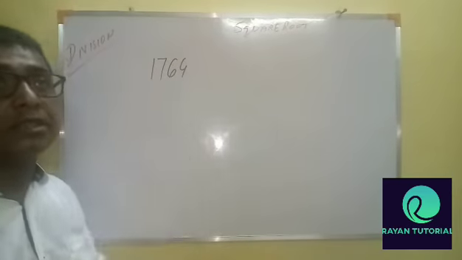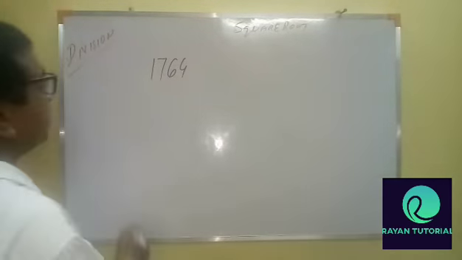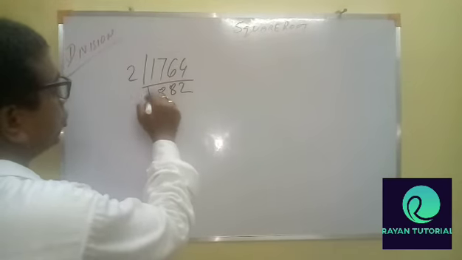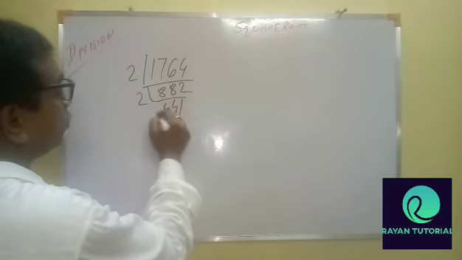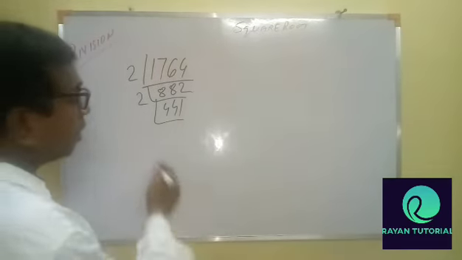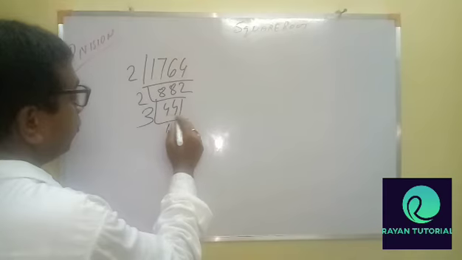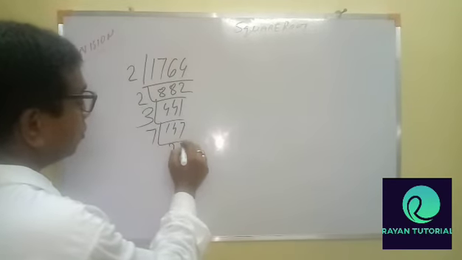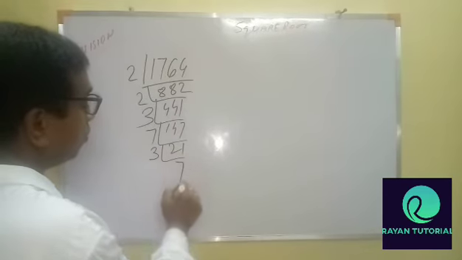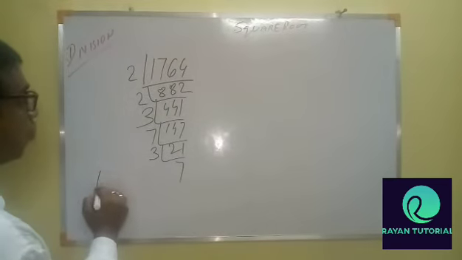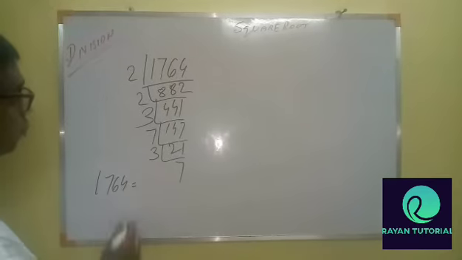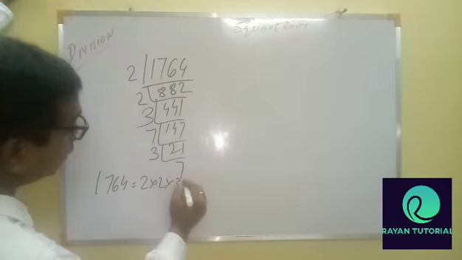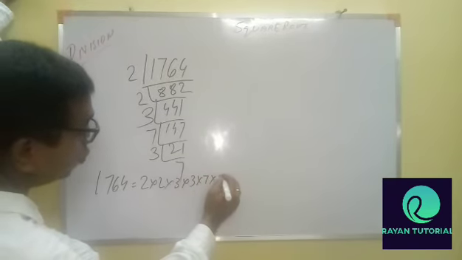Let's find the square root of this. First, let me do it in the prime factorization method. So 2 8s are 16, 2. 2 4s are 8, 1. Now 3, 14, 7. That means 1764 is equal to 2 into 2, 3 into 3, 7 into 7.